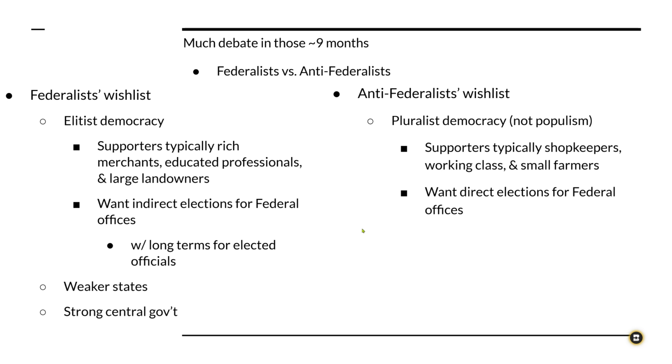And they want direct elections for federal offices. They want the government to be answerable to the people. That's what makes them pluralists. They want everyone to have an influential say in how the government is going to work and who's going to be running it. Part of that also plays into why they want short terms for elected officials.